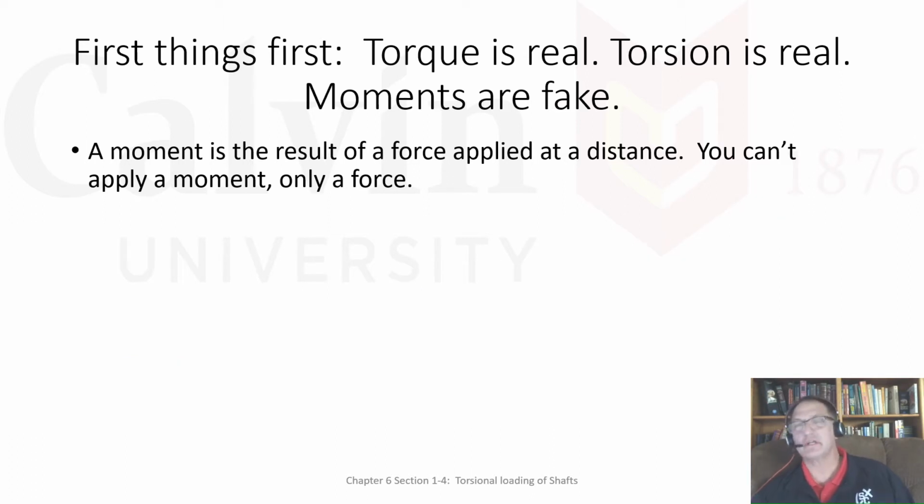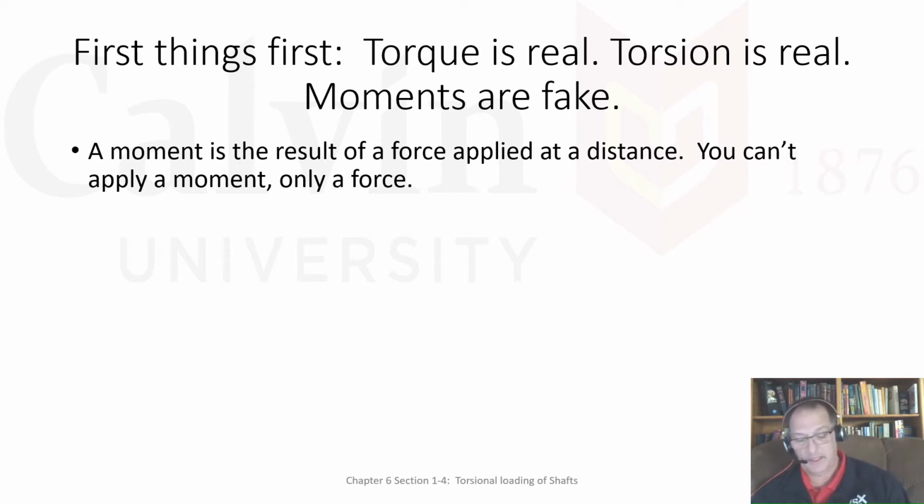So first things first, stresses weren't real, and I hope I didn't burst anybody's bubble on that, but torque is real and torsion is real, but moments are fake. A moment is the result of a force applied at a distance. You can't apply a moment, you can only apply a force.